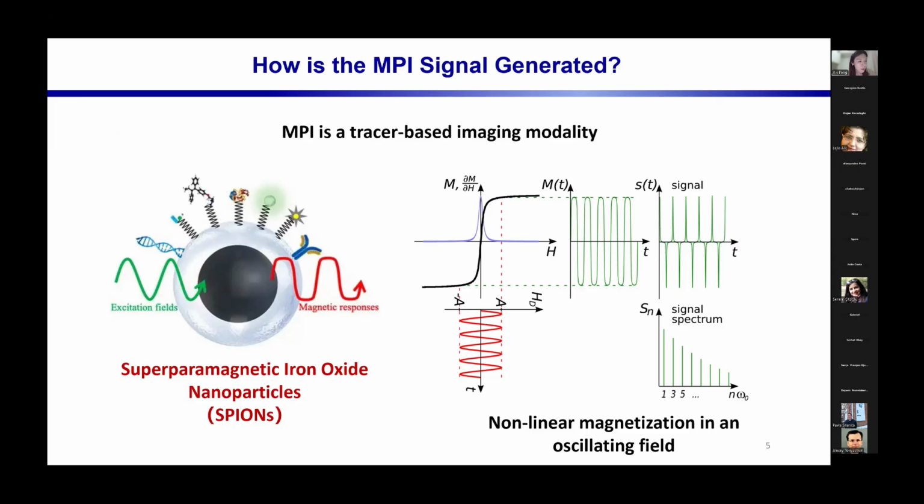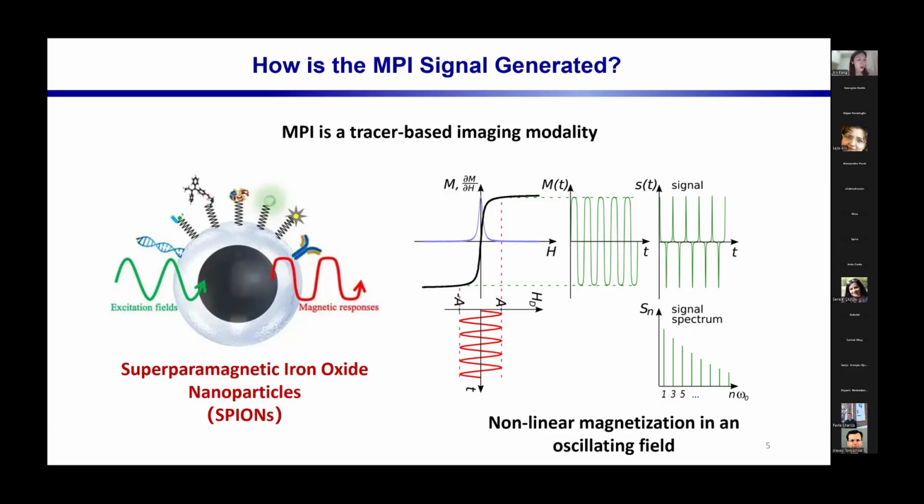The star of the show here is superparamagnetic iron oxide nanoparticles, or SPIONs. They're very tiny, usually about 10 to 40 nanometers, which gives them great biocompatibility and lets them move easily within the tissues.